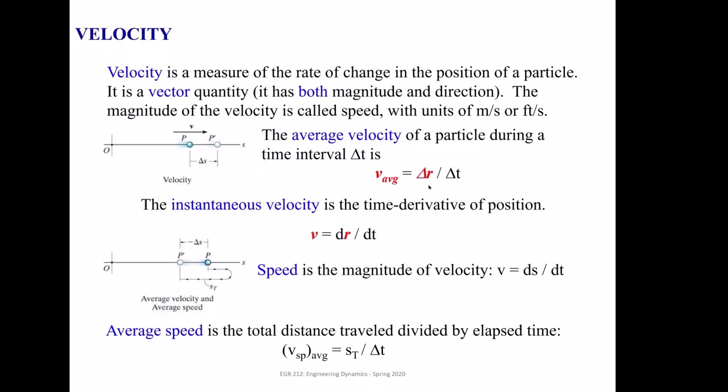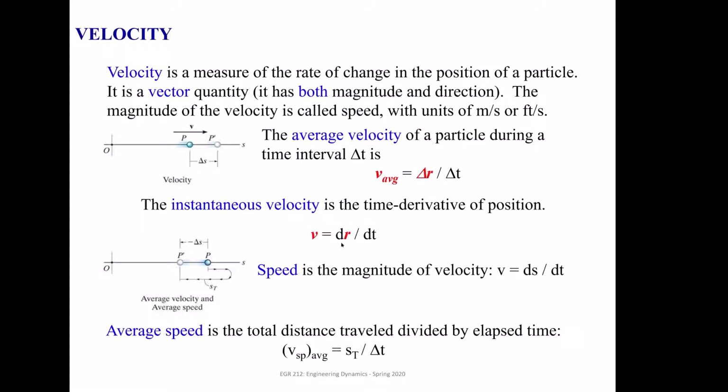So if we wanted to find the average, we would just use the delta r vector over delta t, okay? This is the general form for the average. Of course, if it was straight line motion, this would just be delta s, right?